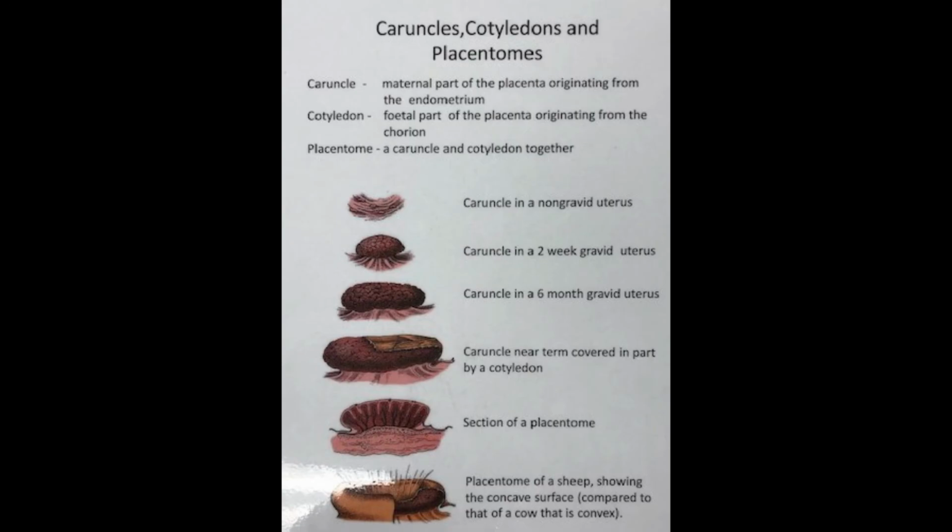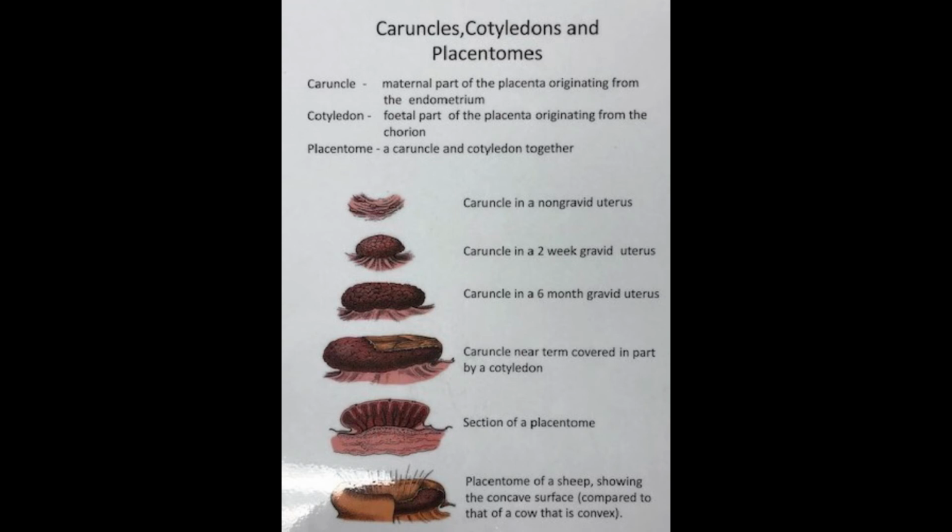So next I want to talk a little bit about the placenta. Animals like sheep and cattle have placentomes. Unlike the pig, which has a diffuse placenta that covers the inside surface of the uterus, the places of attachment between the fetus and the mother are these discrete places called placentomes.